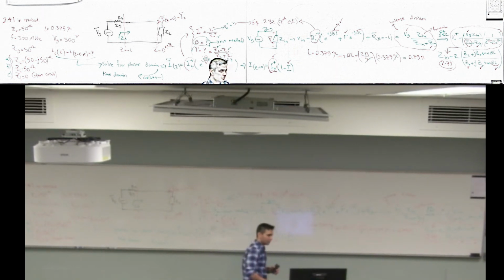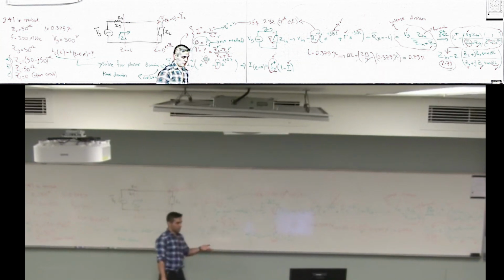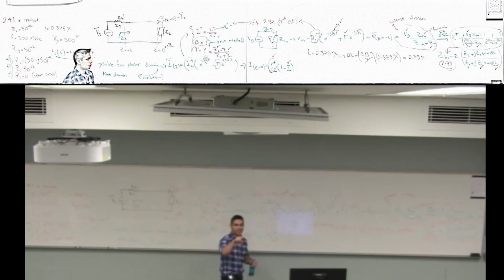The frequency is given, but you don't know what the phase velocity is. The phase velocity in vacuum is c, the speed of light, but in this case you don't know. We don't know which dielectric the transmission line is. What is the epsilon r, in other words?